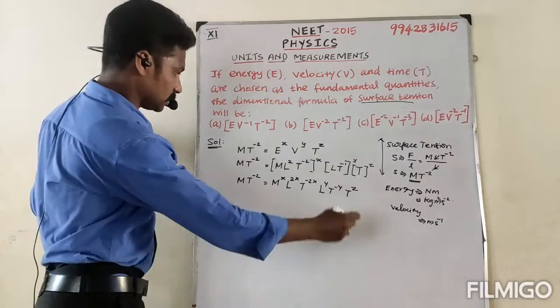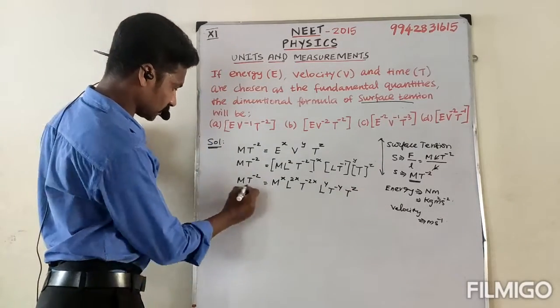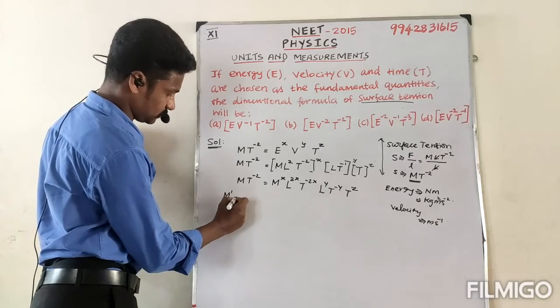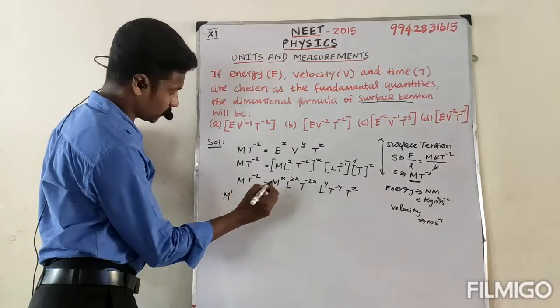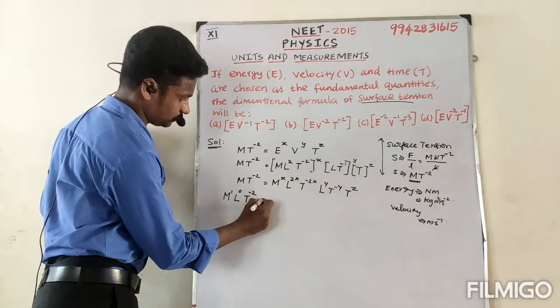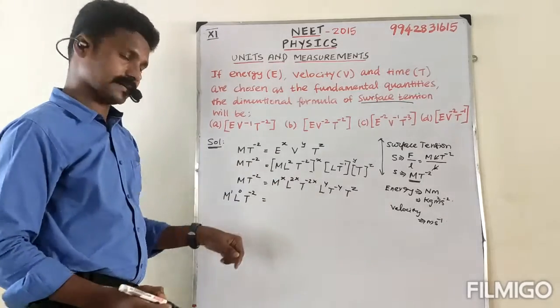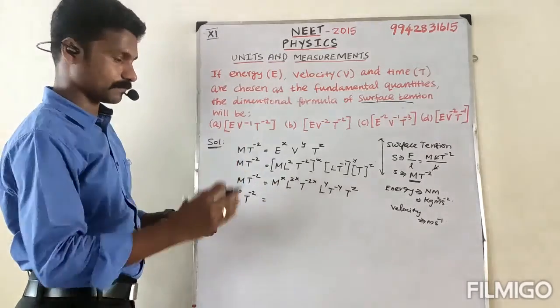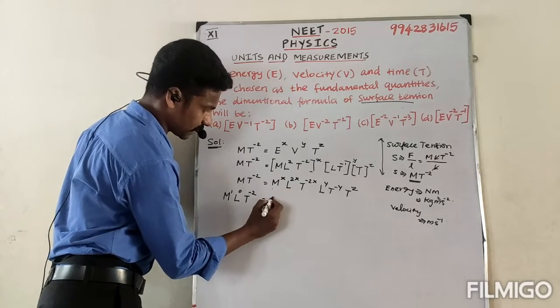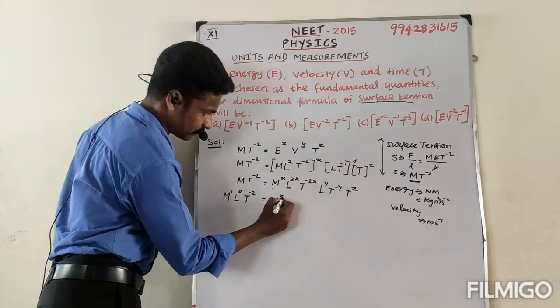Now you observe that on the left side I can write M power 1. Any L value there? No, so I can write L power 0, then T power minus 2. Like that, on the right side we can write M, L, T separately. First M: only one M is there, so directly write M^X.